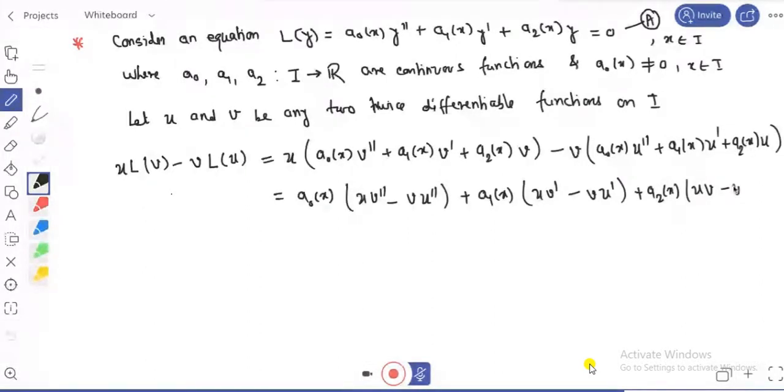This is the same term, so this equals 0. So this term is 0.